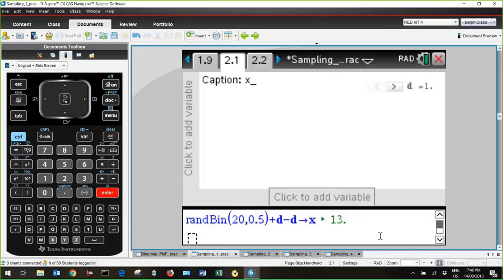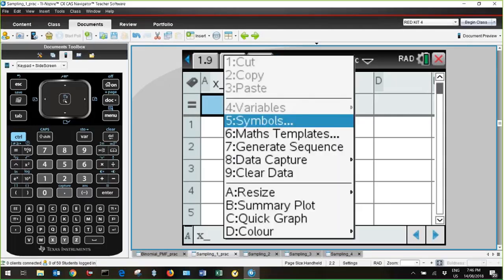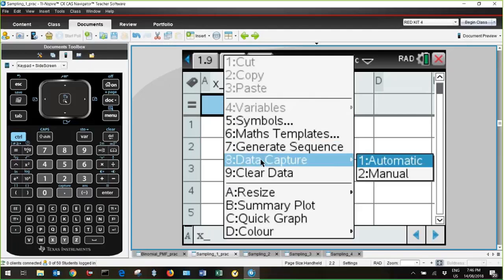Then what I'm going to do in this column, which I've called X underscore, is capture the value of that X. To capture, you can go either to menu and data, or even quicker, control menu to get the context menu, data, data capture, automatic data capture.